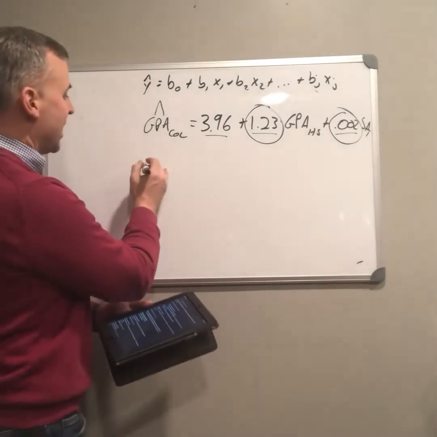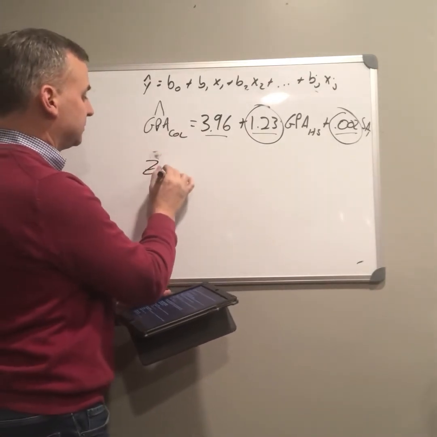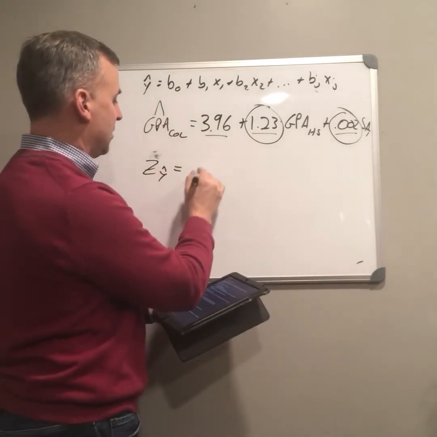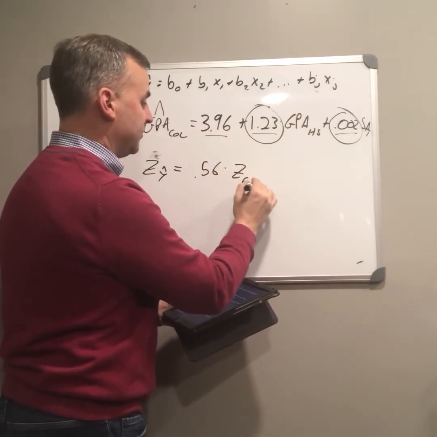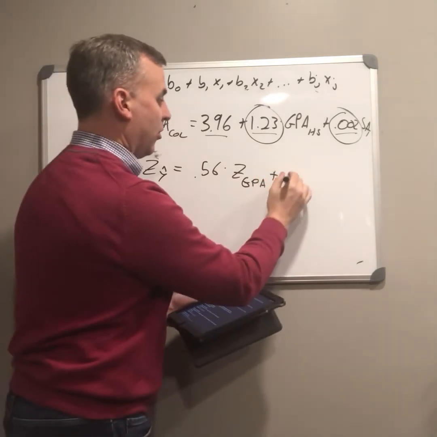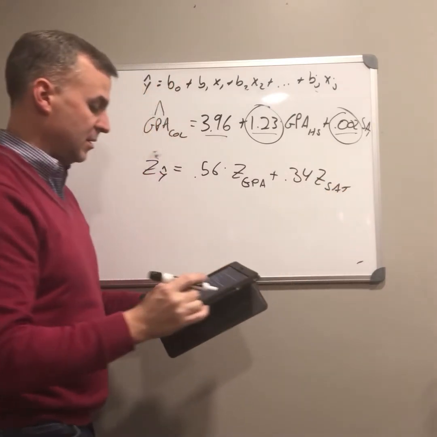So if I was going to create a standardized regression equation, that would actually look like this. 0.56 times the z-score of GPA plus 0.34 times the z-score for SAT.